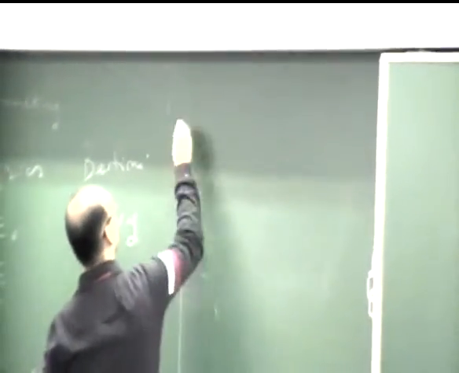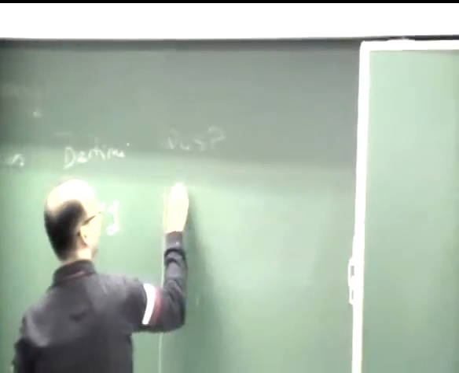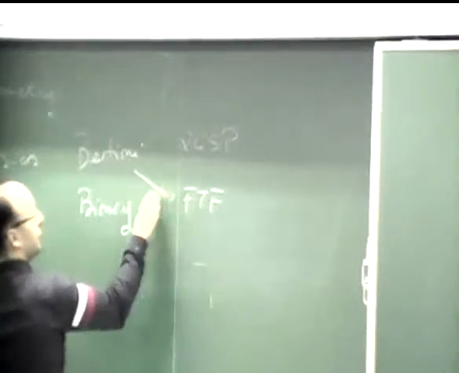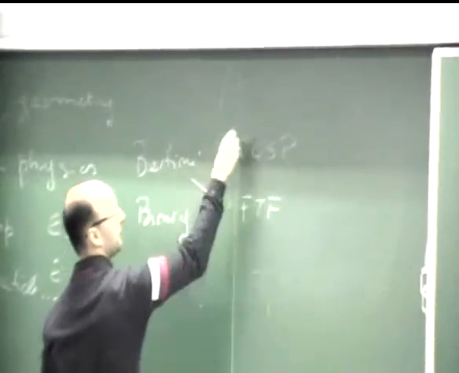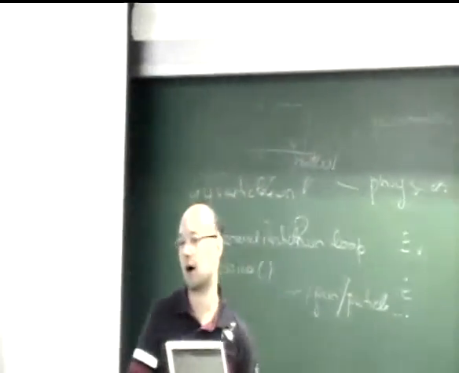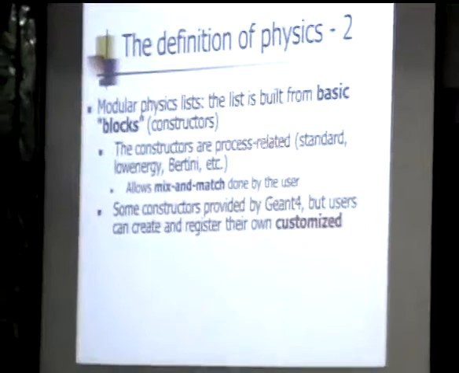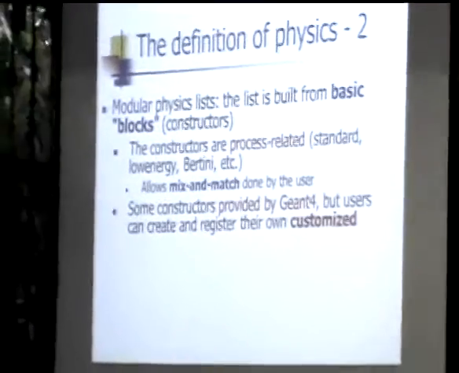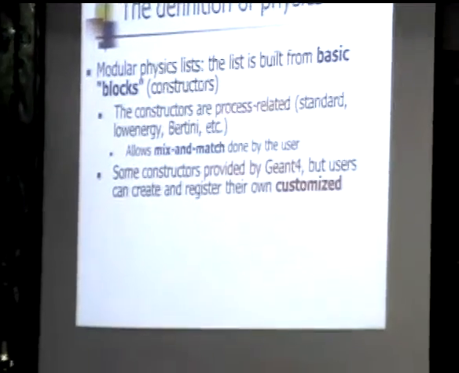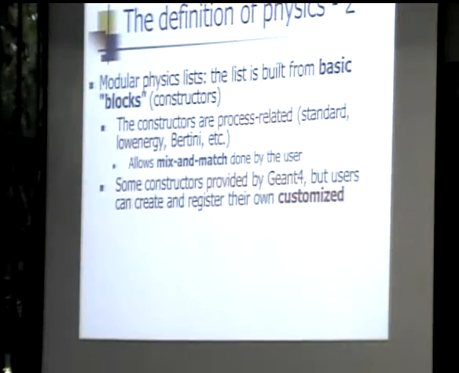And for the high energy part, you can take the QGSP, which is quark gluon string precompound, or the FTFP, the Fritiof, and you can do any matching of these. So this plus this, and so on. You can mix and match the blocks, so as to build something which is not as granular as in the first case, but you still have just a few blocks to be included.